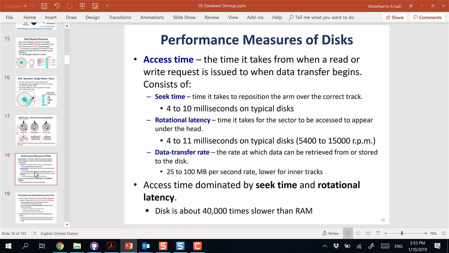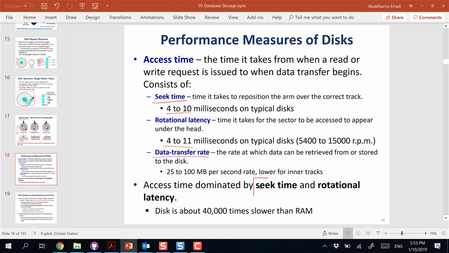The access time, as I explained, is made up of seek time, which according to some of the studies takes between 4 to 10 milliseconds, rotational delay 4 to 11 milliseconds, and the data transfer time, depending on how fast the rate of transfer of the disk is.